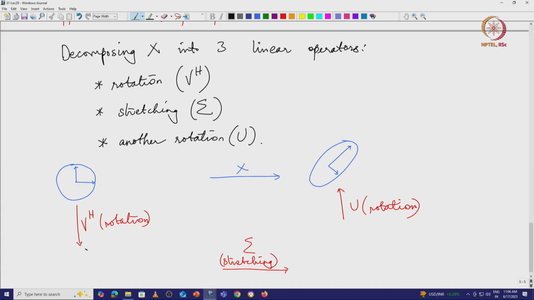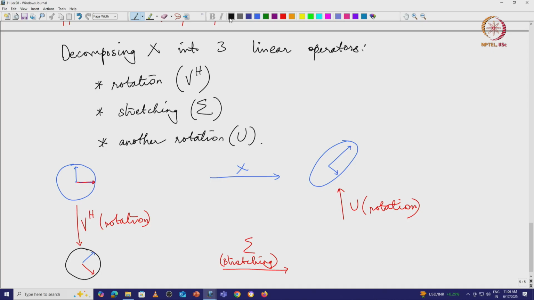Once you rotate, the data is basically rotated, and let us use slightly different colors here. So, the data is rotated. Let us say these axes now look like this. Then after rotation you have stretching.